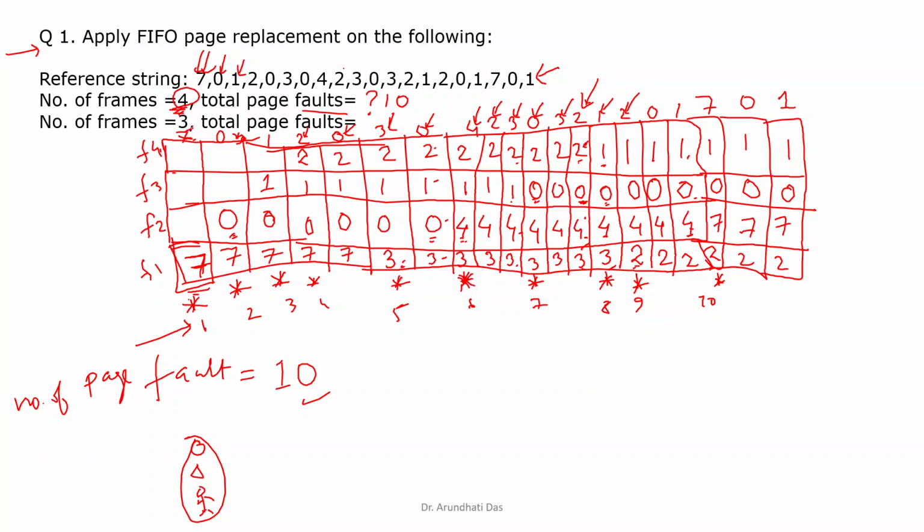But if your number of frames is 3, if I reduce the number of frames, then what is the total number of page faults? Again we will solve that one as well.